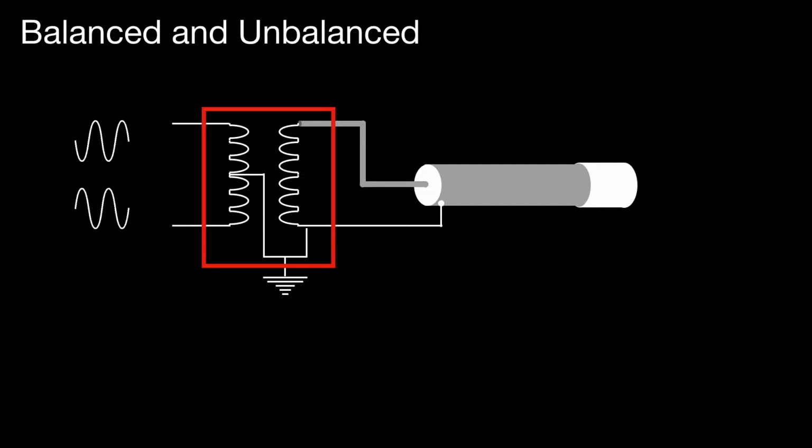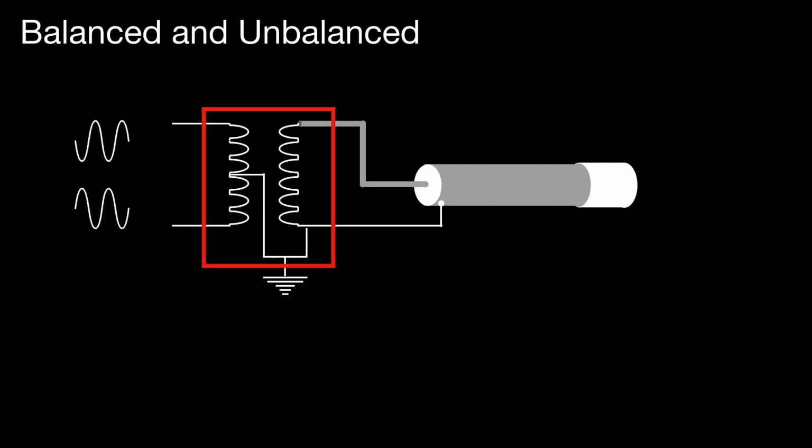On the left we've got a transformer coil with a balanced signal applied, and you can see the signals there in antiphase and of the same amplitude. And on the right we have a coax connected across a secondary to that transformer, and the centre of it is connected to one end of the transformer, and the braid is connected to the other.